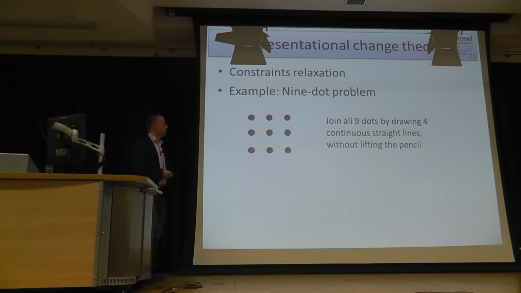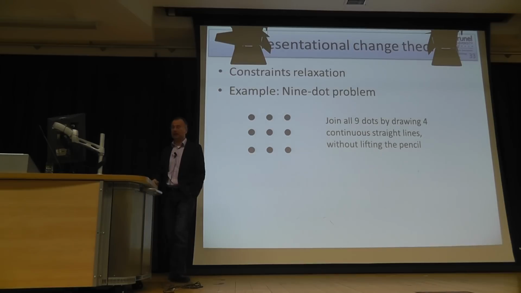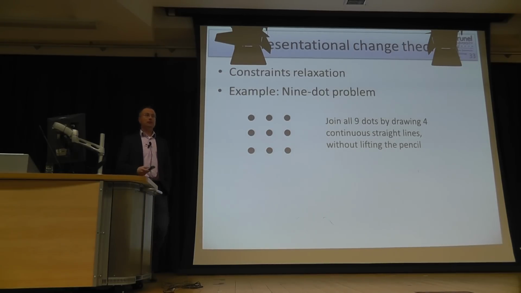So you could try for yourself: get a sheet of paper and a pen, make 9 evenly spaced dots like that, and try to connect all the dots by using 4 continuous straight lines without lifting the pencil. So it's not allowed to say 1, 2, 3, okay, I managed with 3 lines or something. Just try for yourself, and if you found the solution, don't tell your neighbors so that they can try as well.